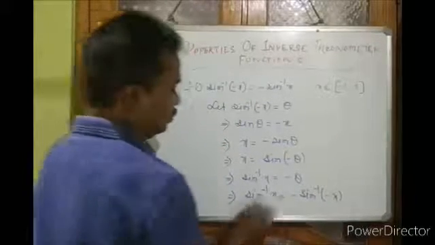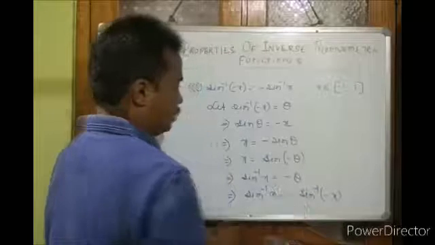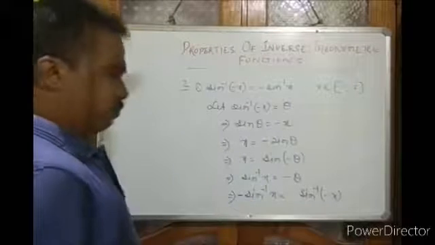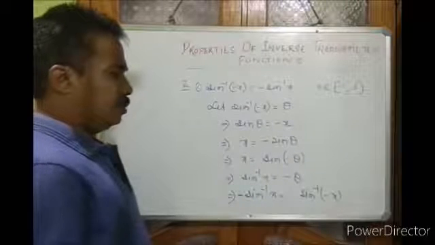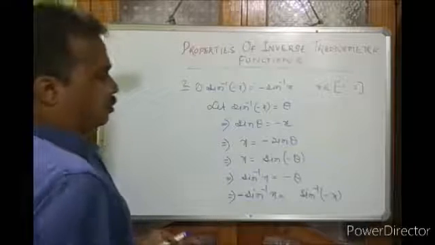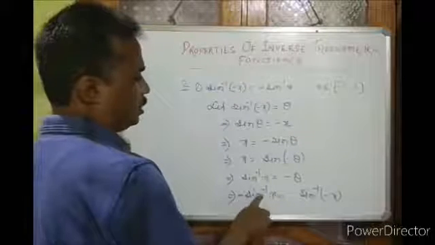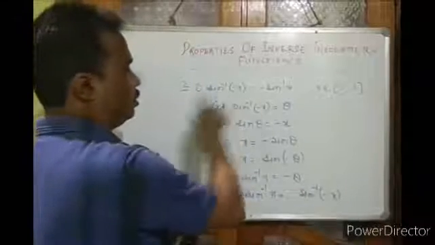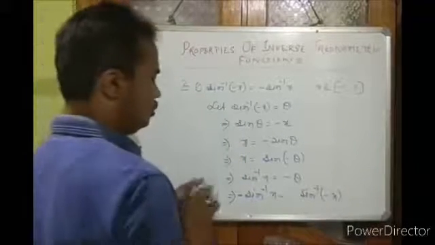If we multiply both sides by a minus sign, then minus sin inverse x is equal to sin inverse minus x. So it is proved.